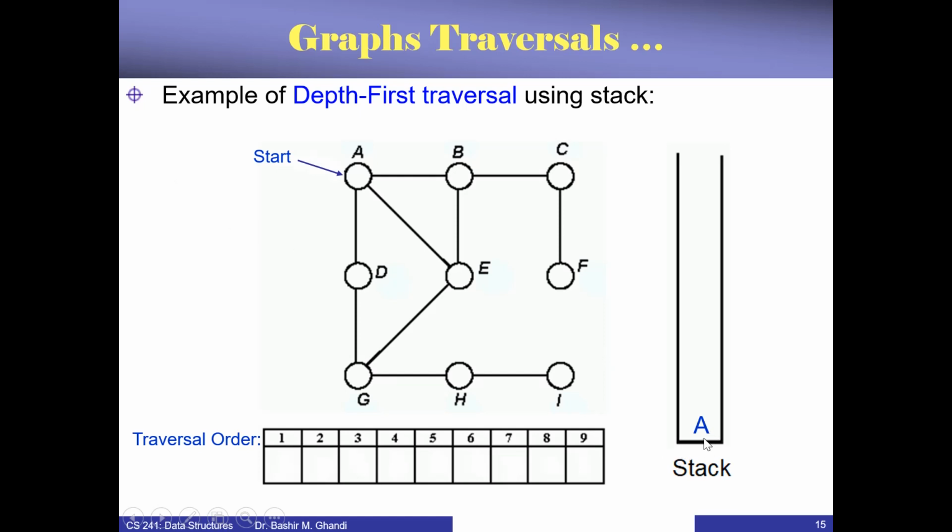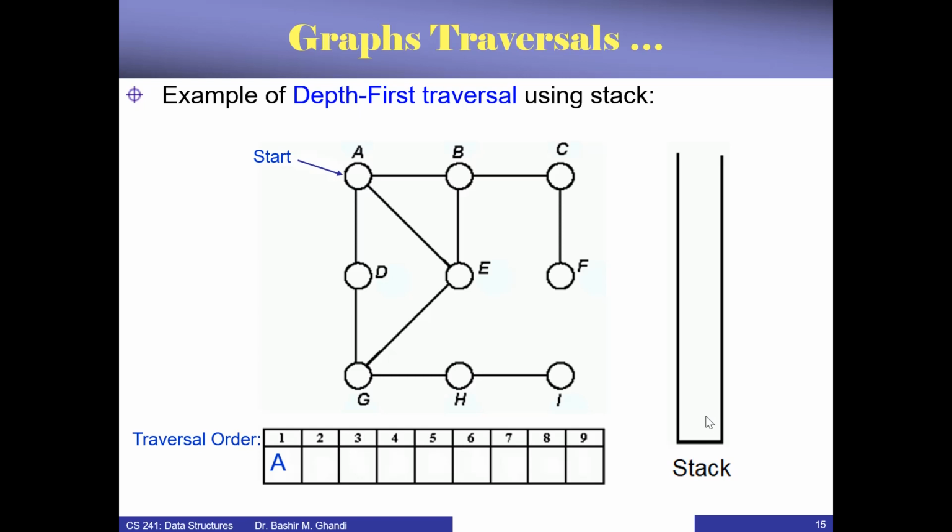Then we start the loop until this stack becomes empty, and the loop has just 3 things to do: first pop a vertex, second visit it if not already visited, by printing it here to indicate that we have visited it, and third push the vertices adjacent to this vertex onto the stack. So we pop A and visit it because it has not been visited.